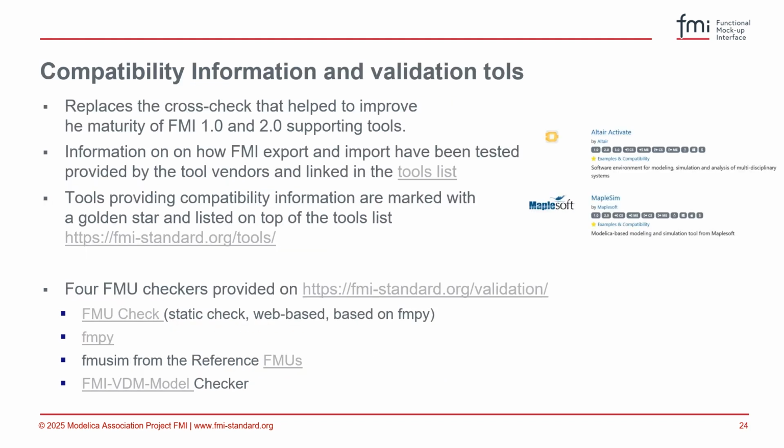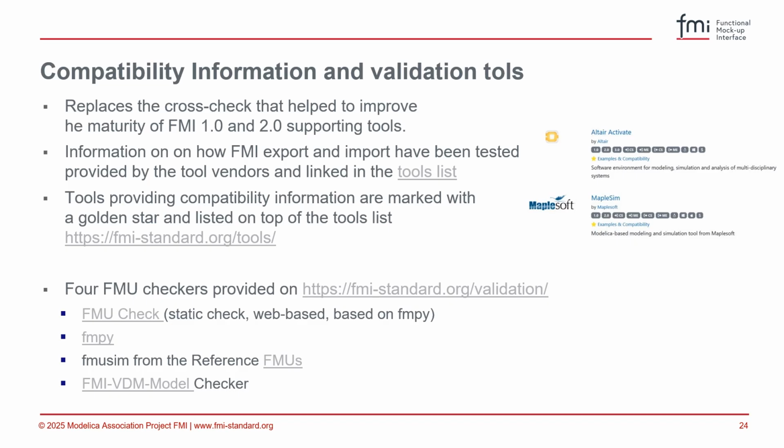On this tool list by the FMI project, you will see certain tools that have the golden star and a link to examples and compatibility information. And this replaces the cross-check that was very successful for FMI 1 and 2 to improve the maturity of tools.